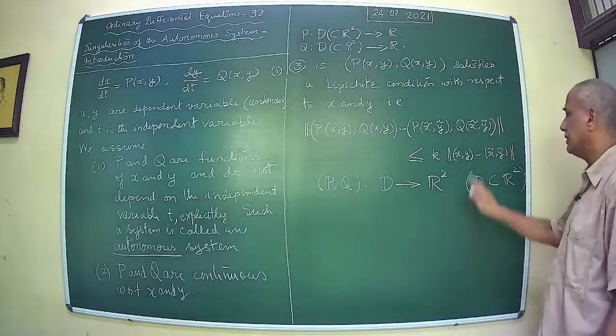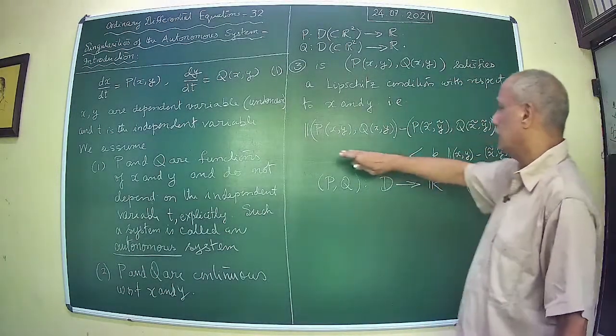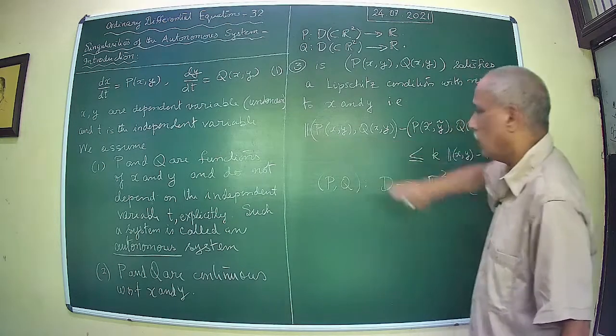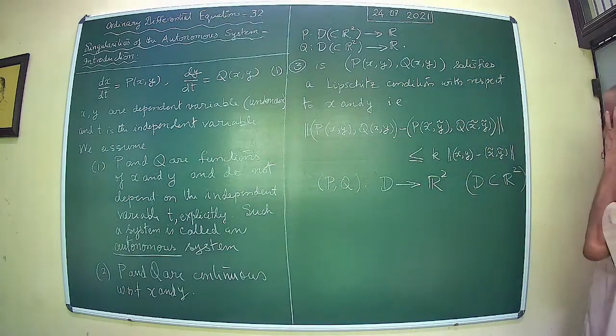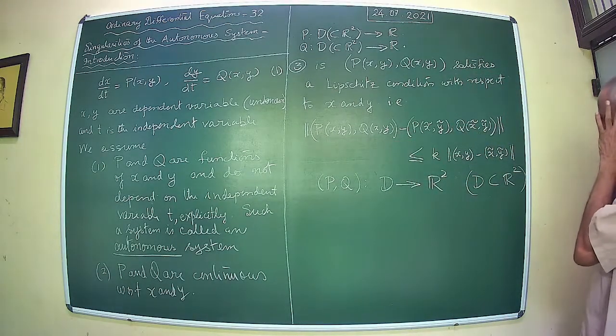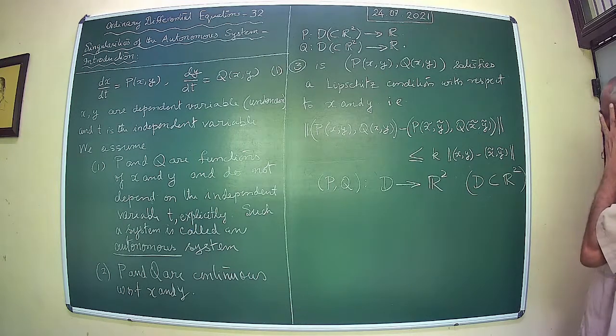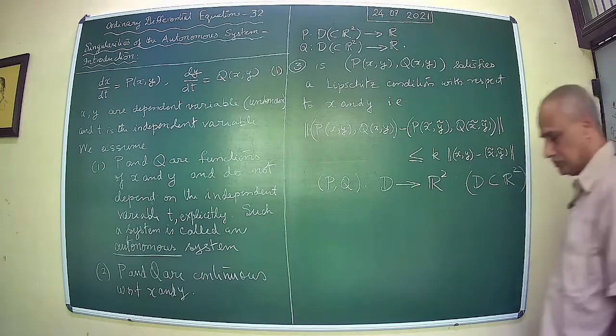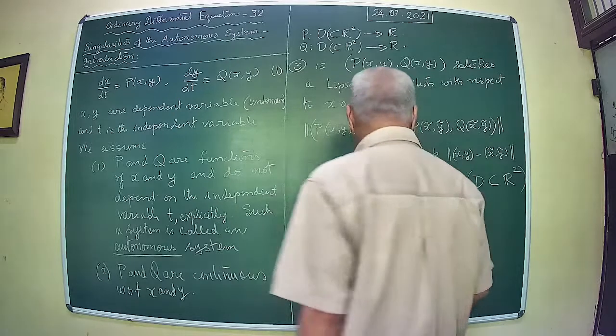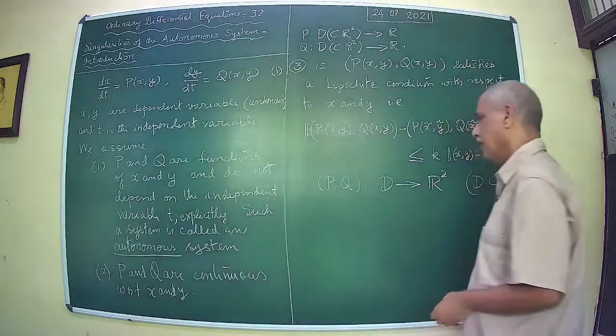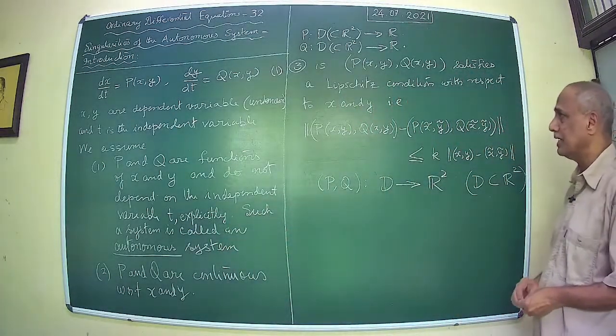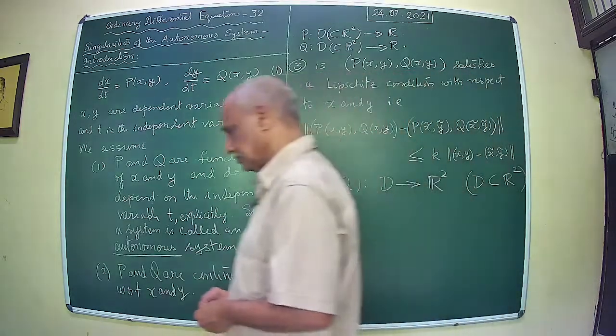So this is equivalent to saying that both P and Q are independently Lipschitz with respect to x,y. So these are the three assumptions that we make.